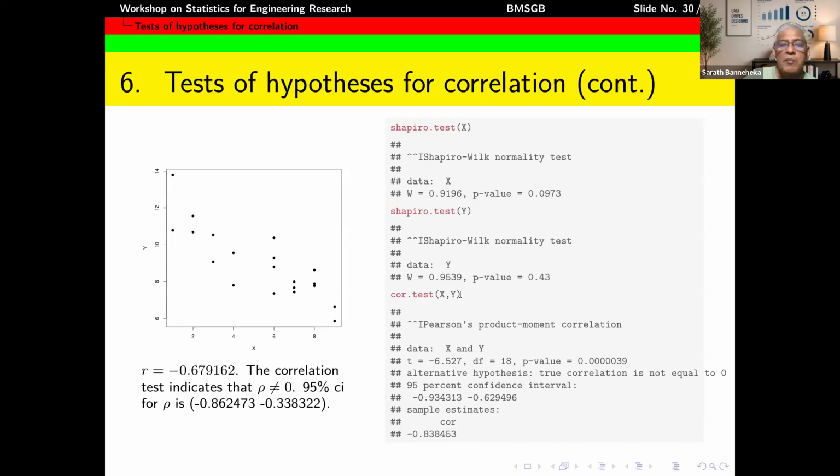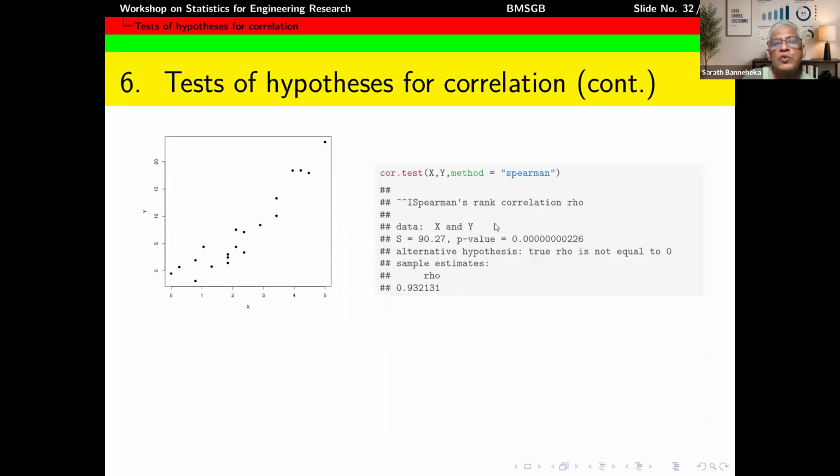But here, because I want to test the Spearman, I have to specifically mention the method Spearman's correlation. Otherwise, it will still carry out the Pearson's test, which is not the correct one to do in this case.